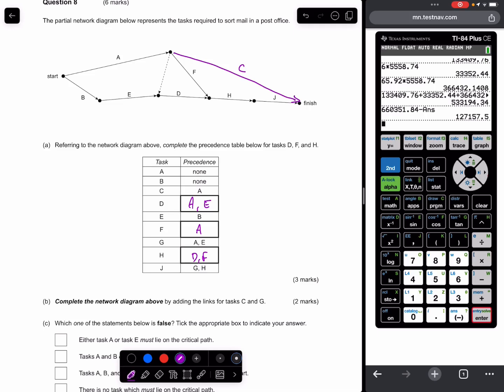G requires A and E, and J requires G and H. So G is going to come out of here, and it's going to be a prerequisite for J combined with H, so G is there.